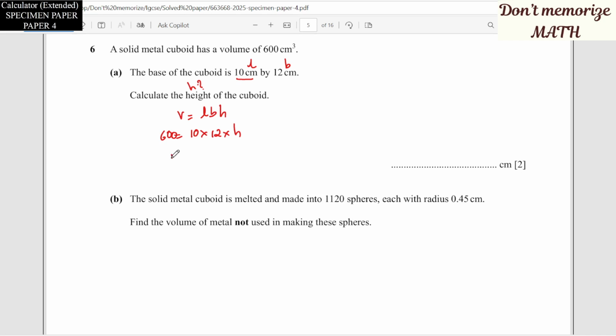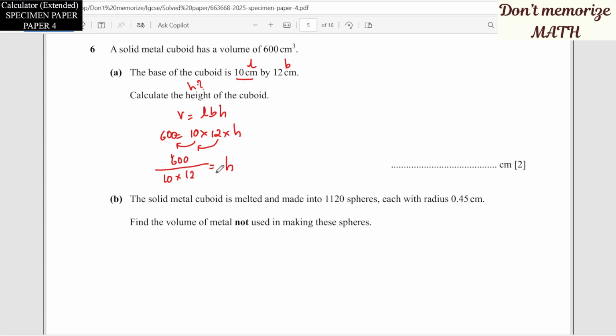Okay, so we'll find height. So we will move 10 and 12 to the left side. Okay, so we need h value, so we'll move these two to left side. So multiplication, when you move those numbers, it will become division. So it will become 600 divided by 10, and 12 also we will move to left side, so 600 divided by 12.